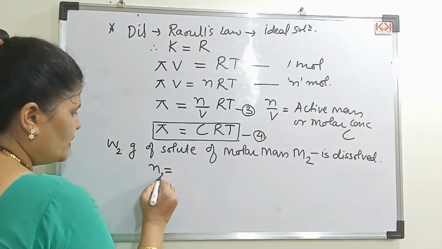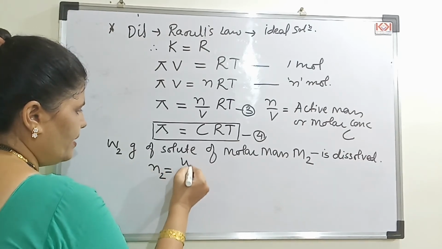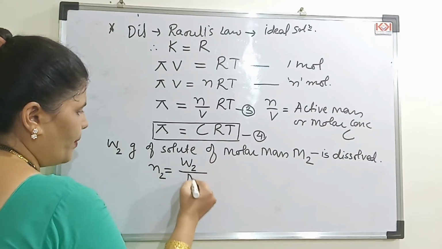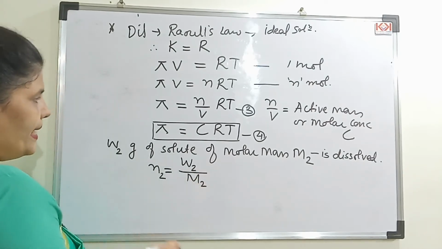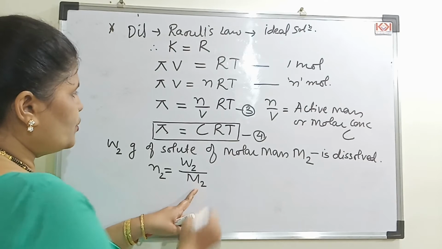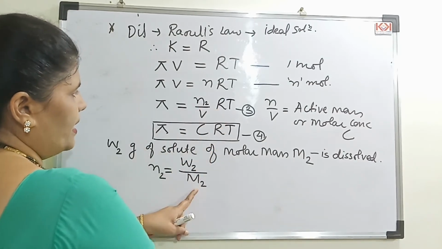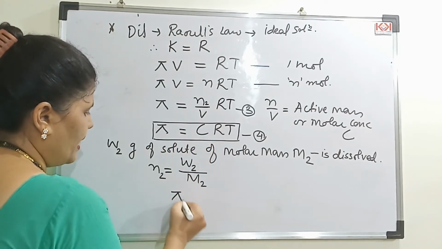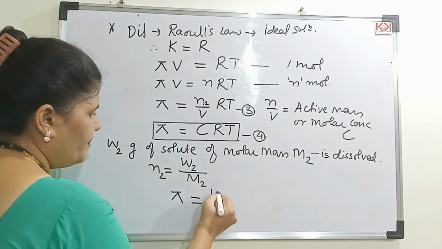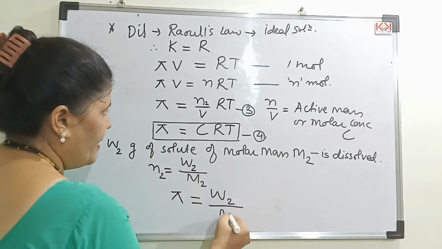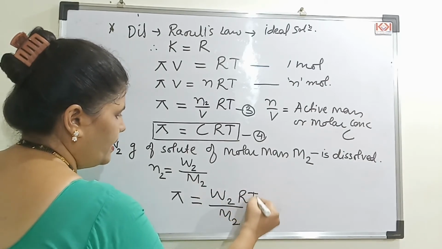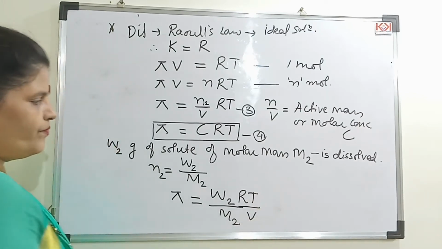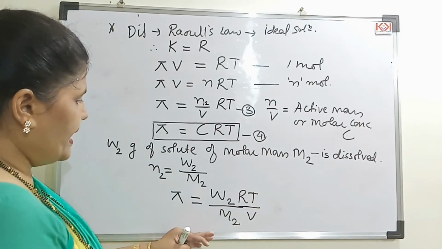The number of moles of the solute will be equal to the given mass of the solute upon molar mass. Now I can substitute the value of n2 here in the equation. So I will get pi is equal to W2 by M2 RT on V. So this is the equation we can use.